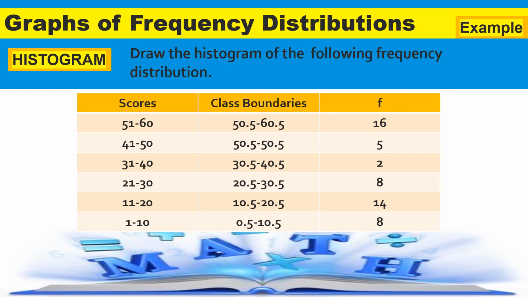So we have scores from 1 to 10 to 51 to 56. And then class boundaries, we have the lower limit and then the upper limit. And then we have the frequencies for each class boundary and for each score. So let's graph.